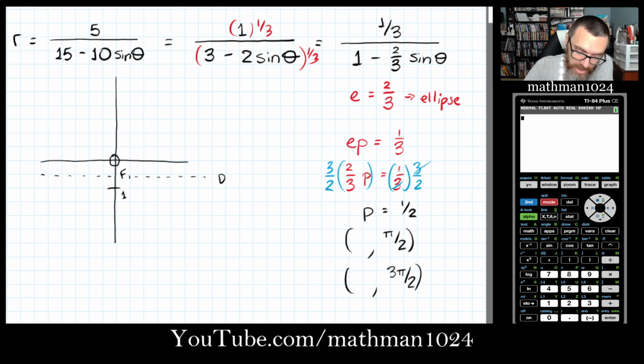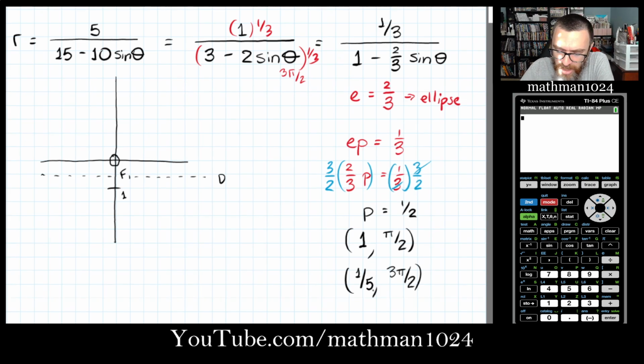If I plug in pi/2, sine of pi/2 is 1. So this is going to be 1 over 3 minus 2, so 1 over 1 is just 1. And if I make this 3pi/2, that makes it negative 1, and we end up with 1 over 3 plus 2, so it's going to be 1/5.